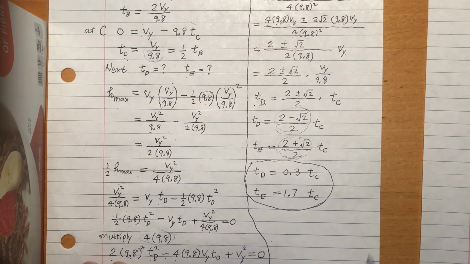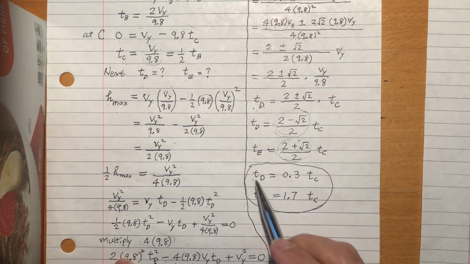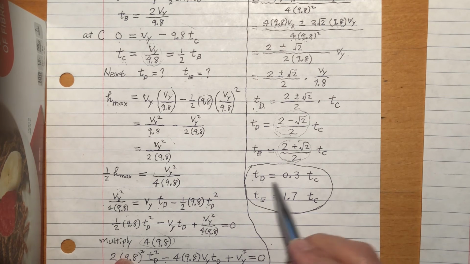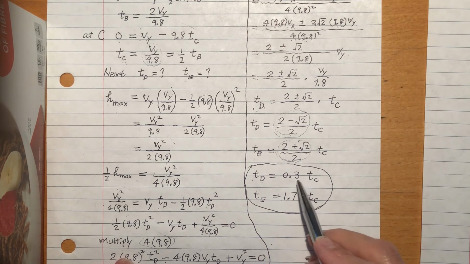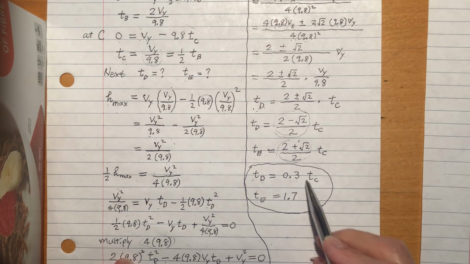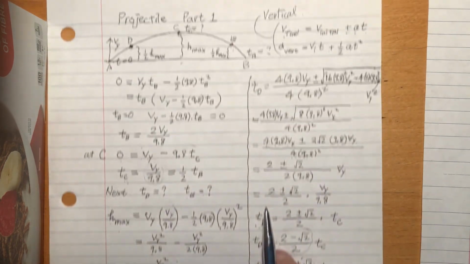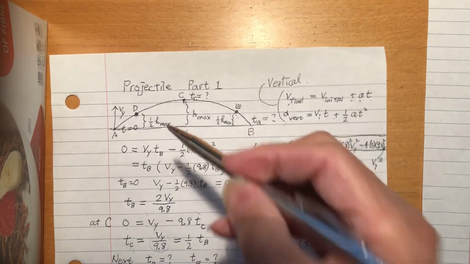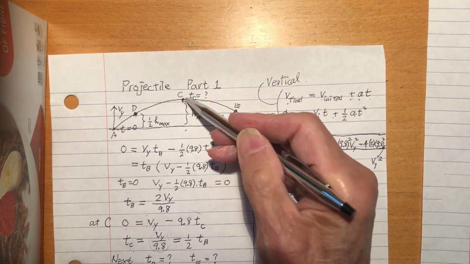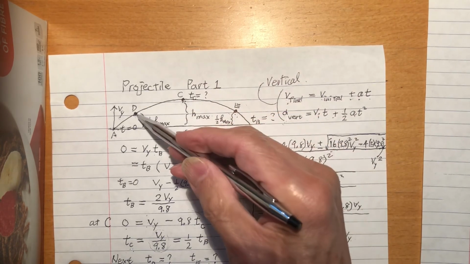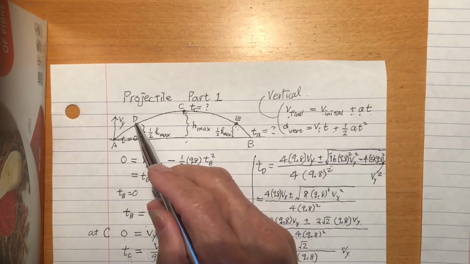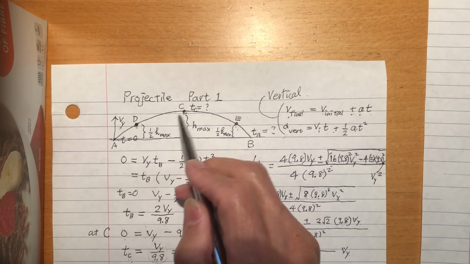So what does this mean? The time to reach D is 30% of the time to reach C. All right, go back to this. This time and this time, the relation, this time is 30% of this time.